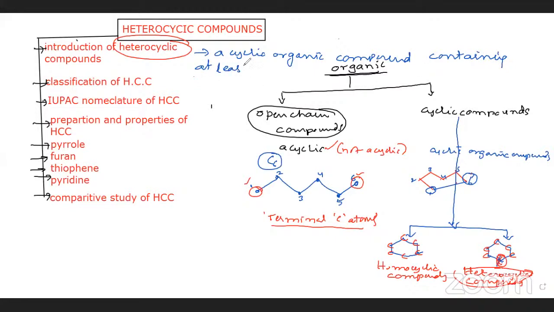A cyclic organic compound containing at least one atom other than carbon atom is known as a heterocyclic compound. This is the heteroatom. Clear?